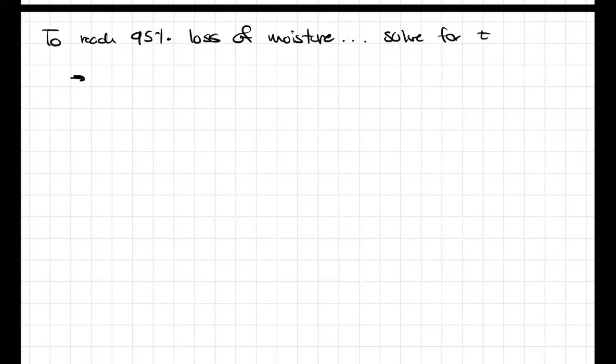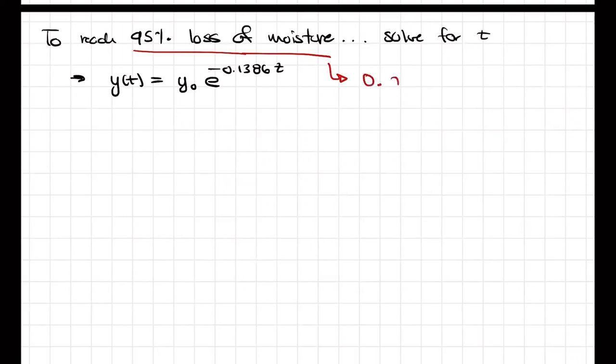So we have our equation, y of t equals y naught e to the negative 0.1386 t. And we want 95% loss of moisture. This will be translated as 0.05 y naught, right? Because if you remember, y naught at the very beginning represented 100% wet, or in this case 0% dry.